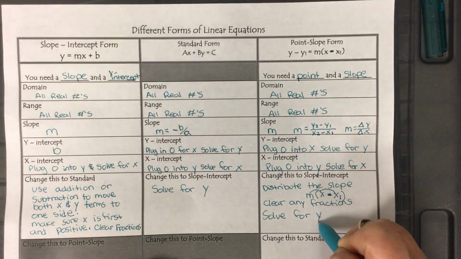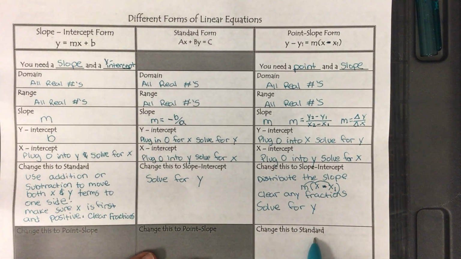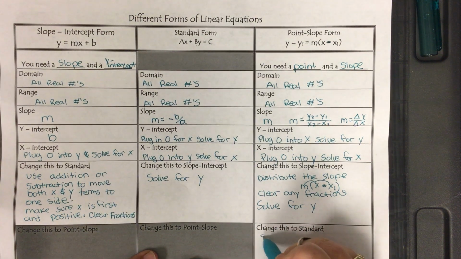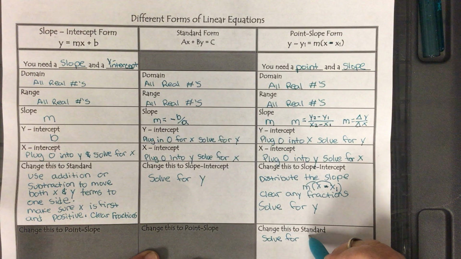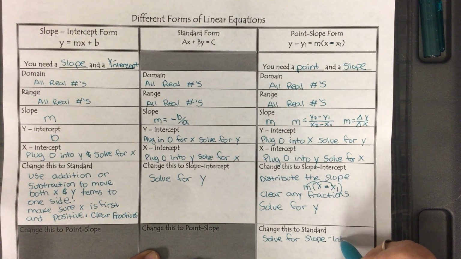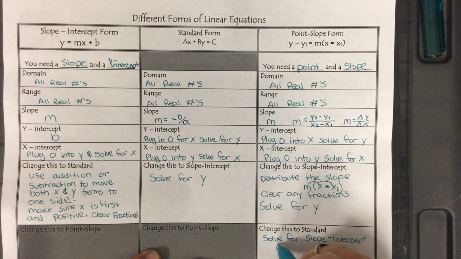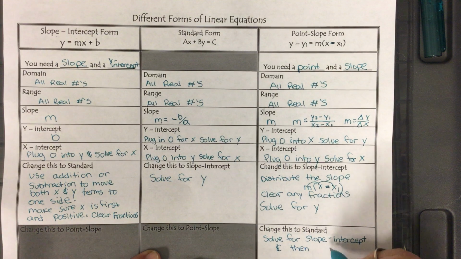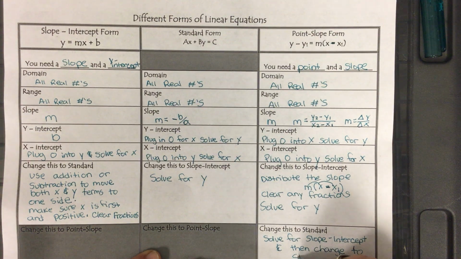Okay? If you want to change this to standard form, you're going to solve for slope-intercept, and then change to standard.